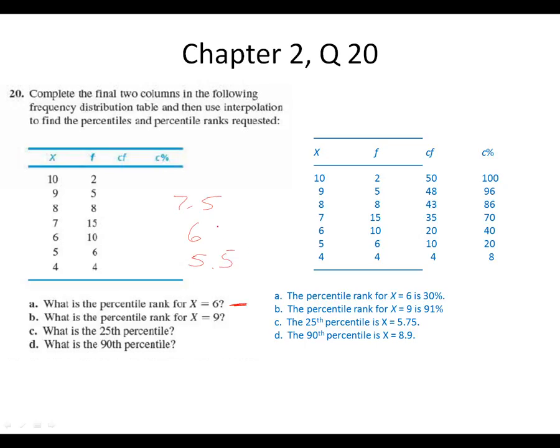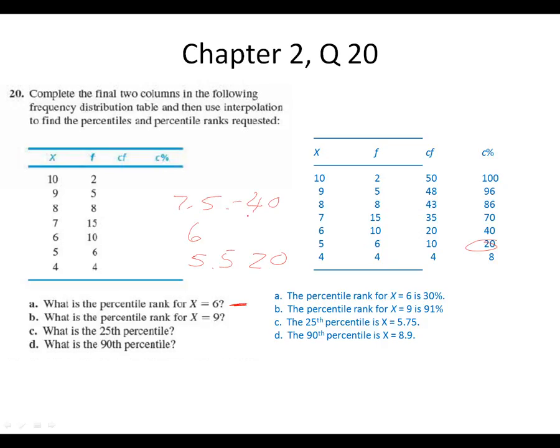Okay, and then we find that 7.5 has an upper limit of 40%. If you look right here. So we'll bring that 40% over and write it right there. And the bottom limit is going to be 20, which we find right here. So we're just bracketing is what we're doing. This is the upper real limit, and this is the lower real limit.